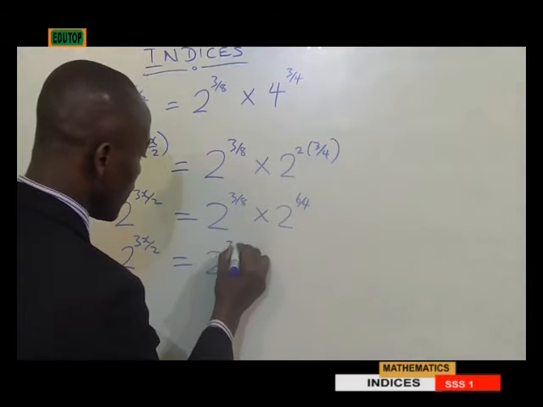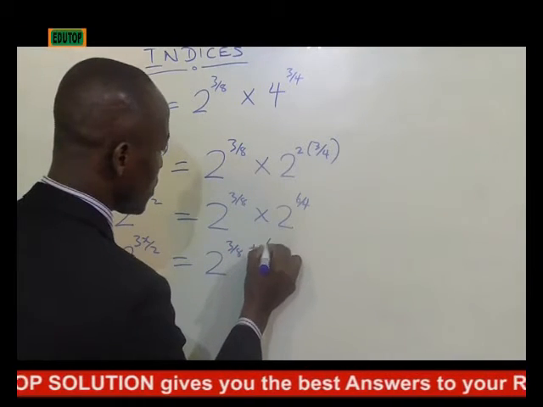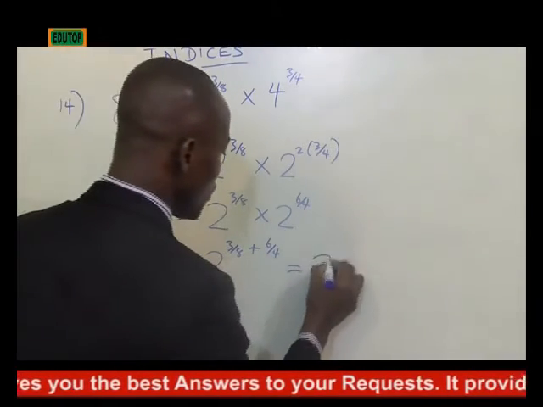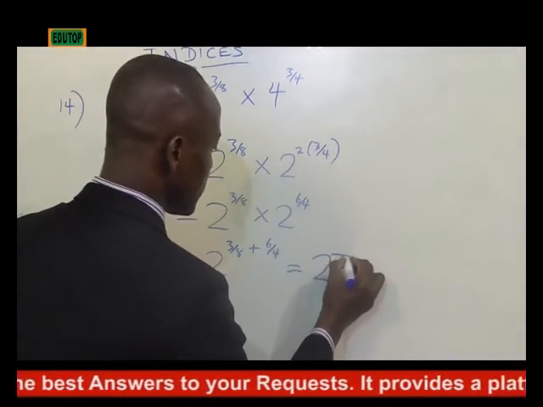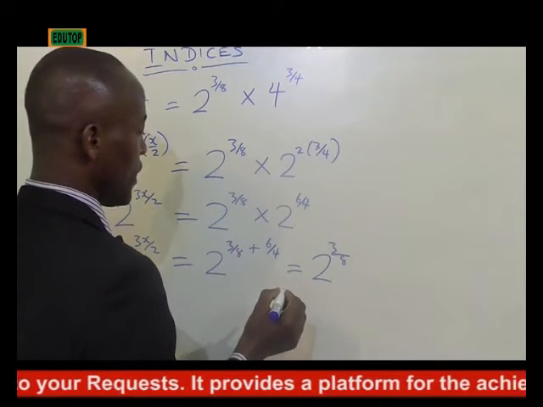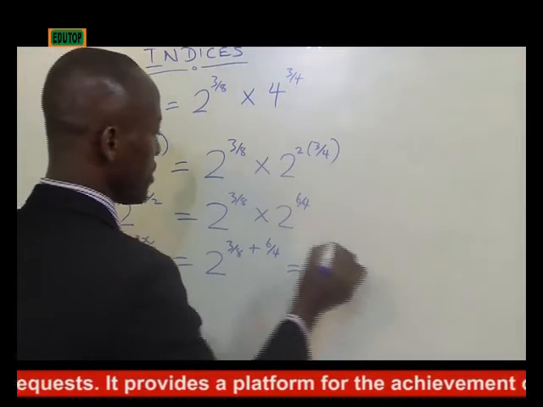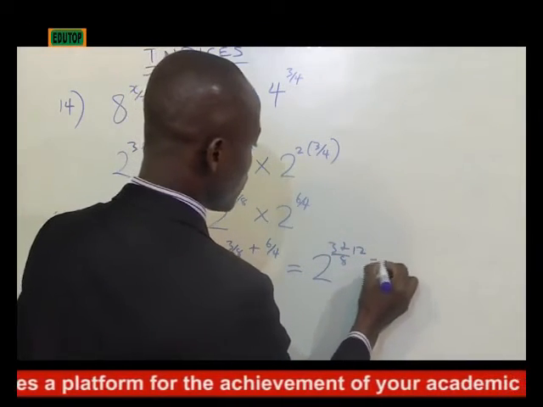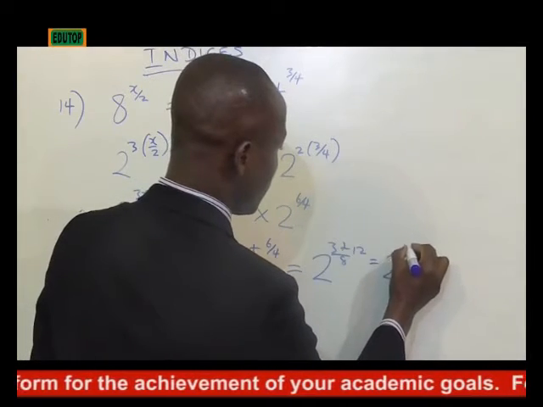That will be 3 over 8 plus 6 over 4, which is equal to 3 over 8, and 8 divided by 4 is 2, 2 times 6 is 12, plus 3 is 15 over 8.